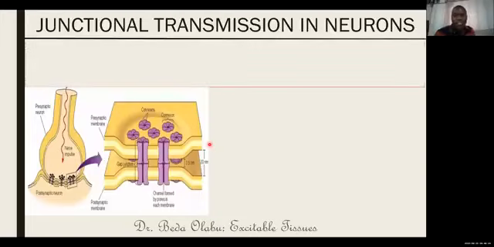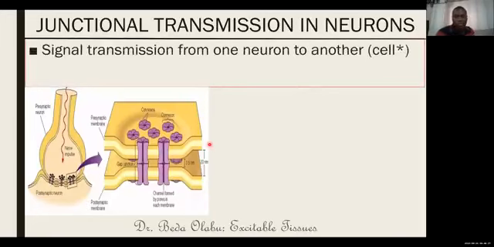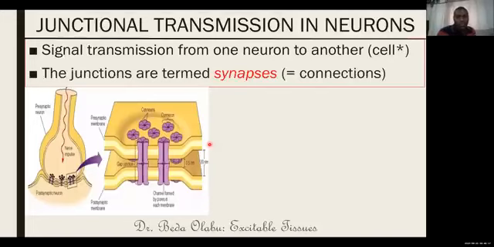At the junction between one neuron and another, we must have a way in which the signal will be transmitted, and that's what we want to look at now. Junctions between one neuron and another are termed synapses. A synapse is a junction between one neuron and another.